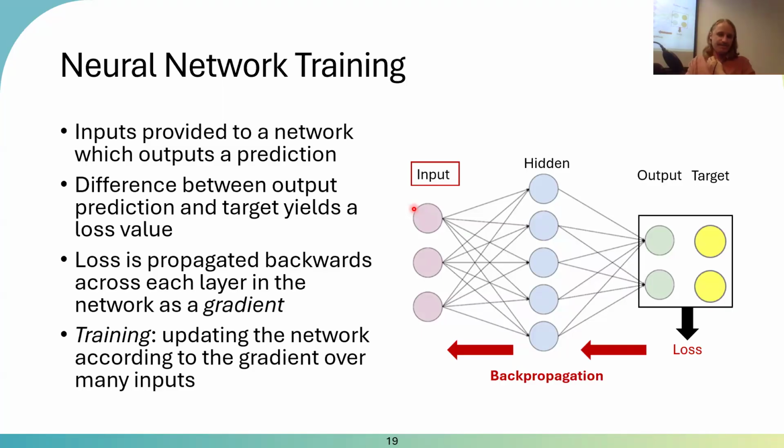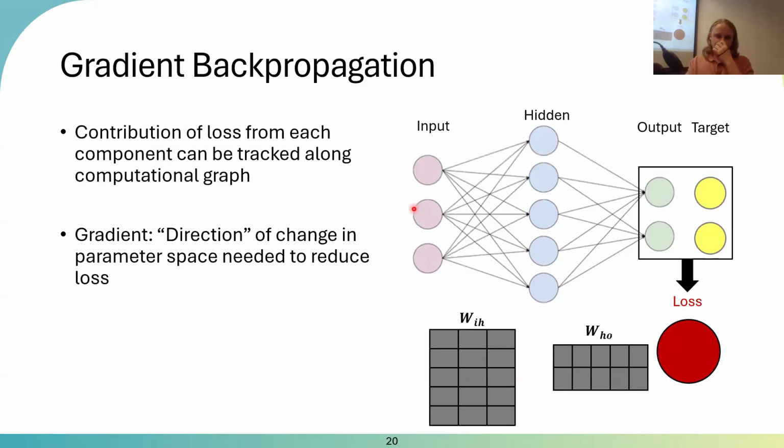So the process of training is really, how do we update this network according to whatever this loss value is and the associated gradients of all the parameters, as the network continues to see a large number of inputs. That happens through the process of what's called gradient backpropagation.